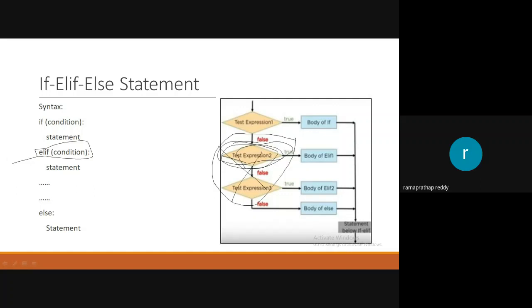Directly the true block is going to be executed and it comes outside all the elifs. Not a single elif is executed when the condition is true. If the condition here is true, the second block is executed, and the elif after it is not executed. It is directly coming outside the loop. Remember, whenever the condition is false, then only the elif statement is executed.